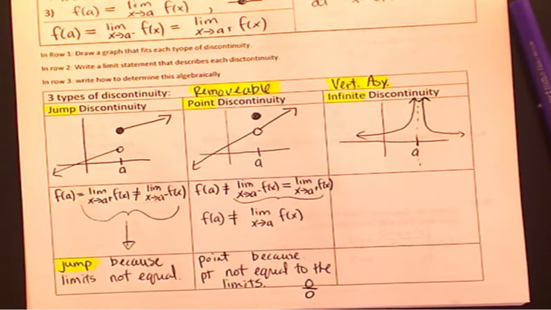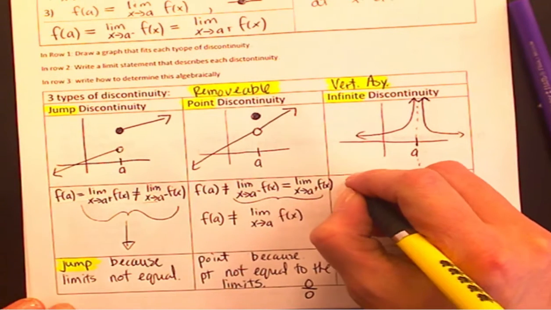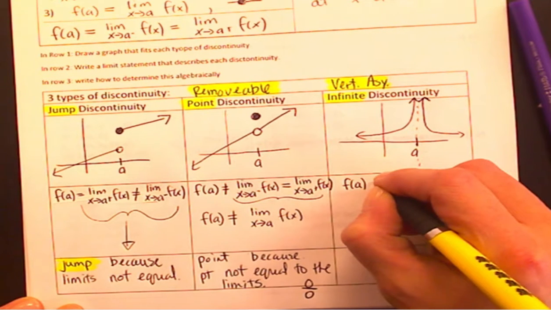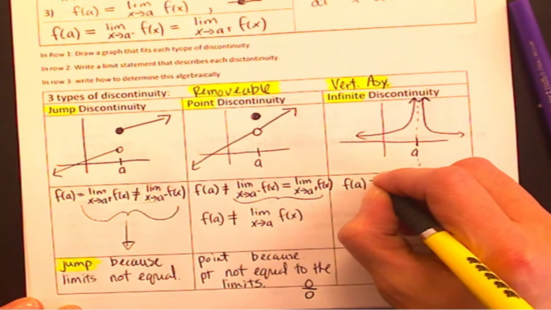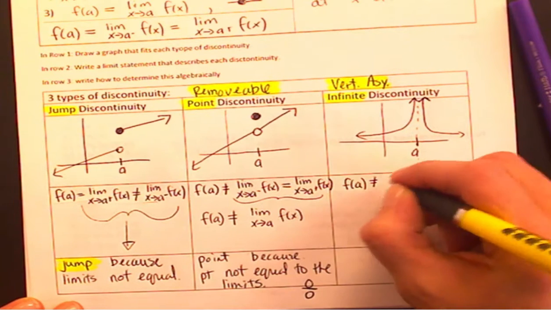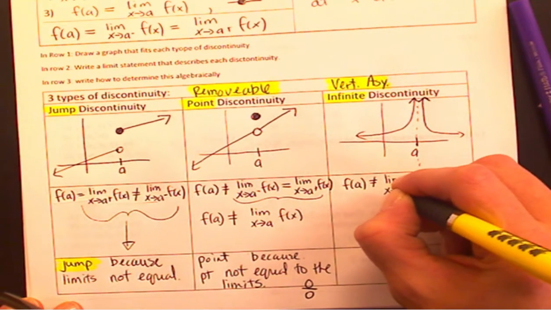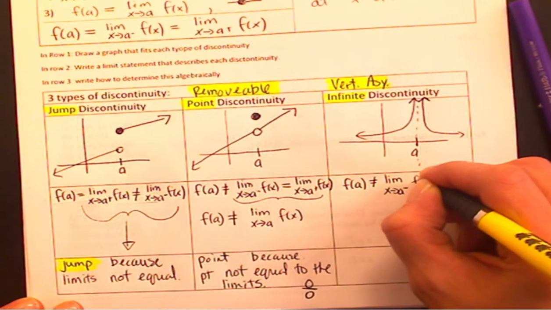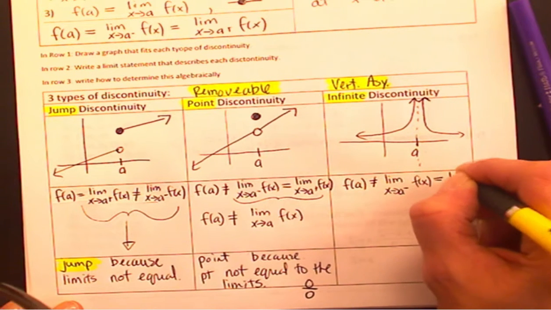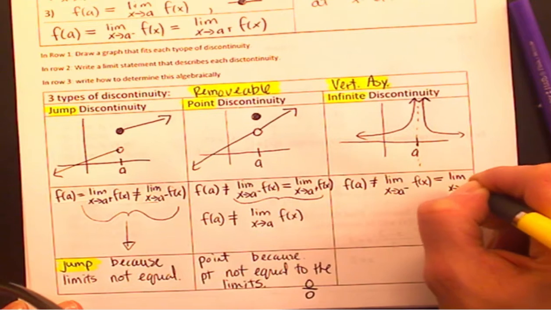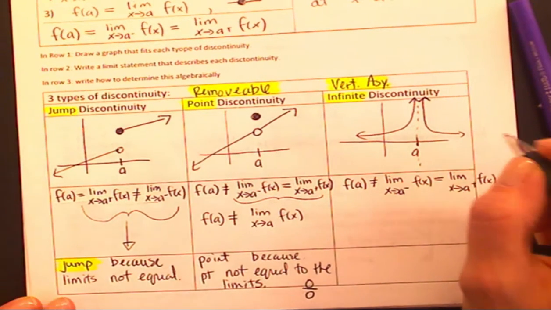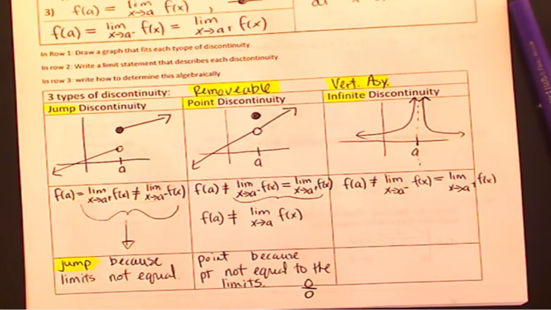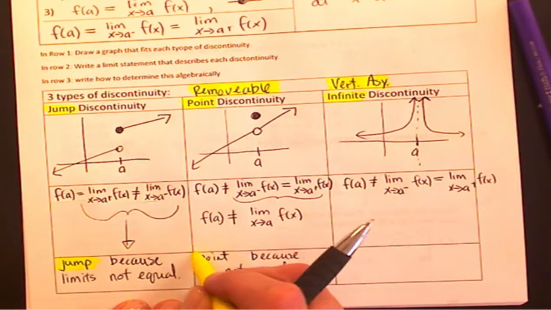All right. Limit statement. I'm going to write all three parts. Okay. F of A does not equal the limit as x approaches A from the left. All right.